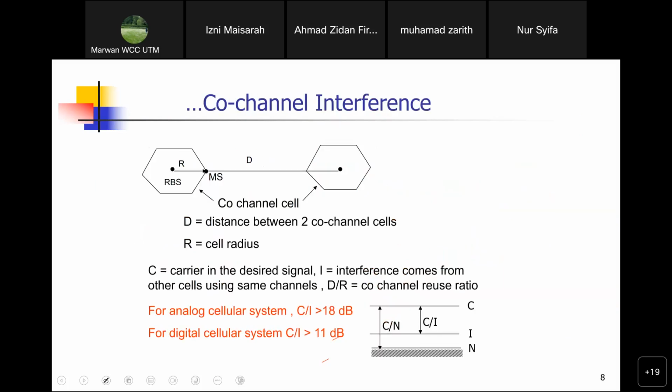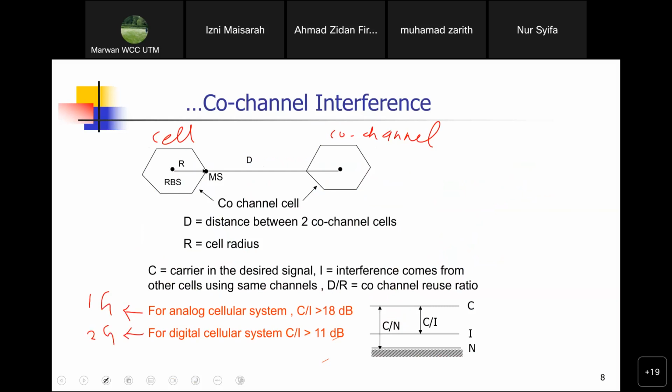Now let's look at another example. If you are given this kind of topology, you have your user here, this is yourself, and this is your co-channel. The number that you need to get is this one for 1G and this one for 2G.